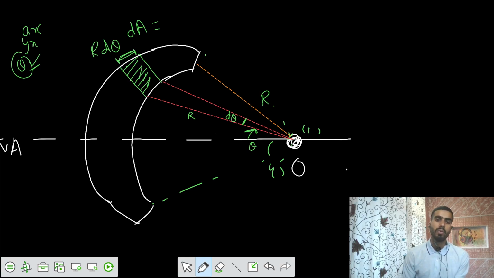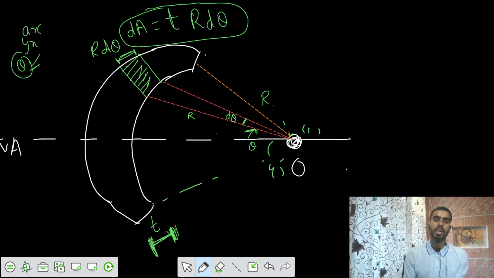Now what's the area of that dA? Let's say the thickness of the member is d. So the total area is d times R d theta. So we got the value of that small differential area, d R d theta.